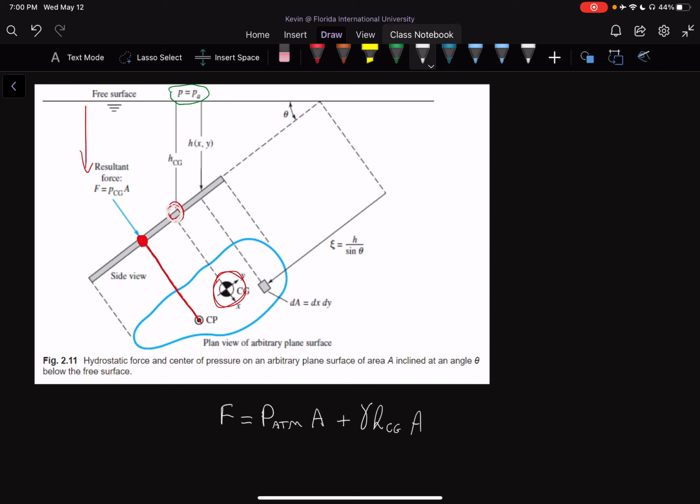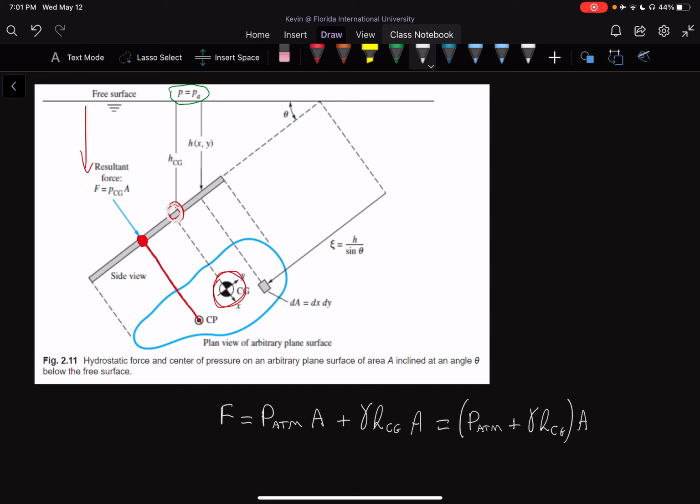So if we summarize this equation and bring our terms together, we can say pressure atmosphere plus gamma times height of CG, multiplied by A. And so we can define a term called the pressure at center of gravity, equal to P atmospheric plus gamma HCG.